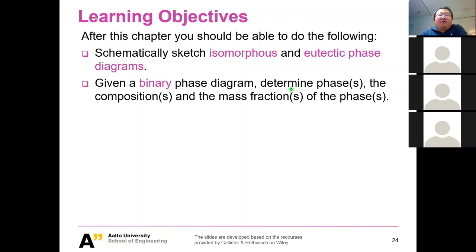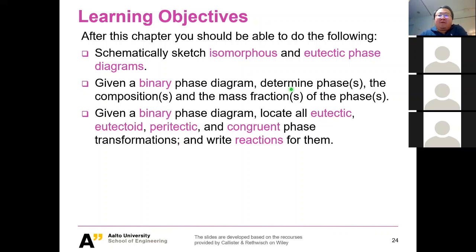And then, if you're given a binary phase diagram, you will be able to determine phases, the composition of each phase and the mass fractions of each phase. Sounds pretty good, yeah. Even more, given a binary phase diagram, you will be able to locate all the eutectic, eutectoid, peritectic, and congruent phase transformations and write reactions for them.